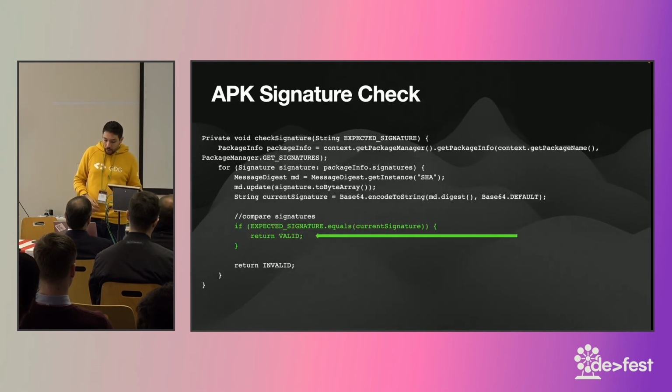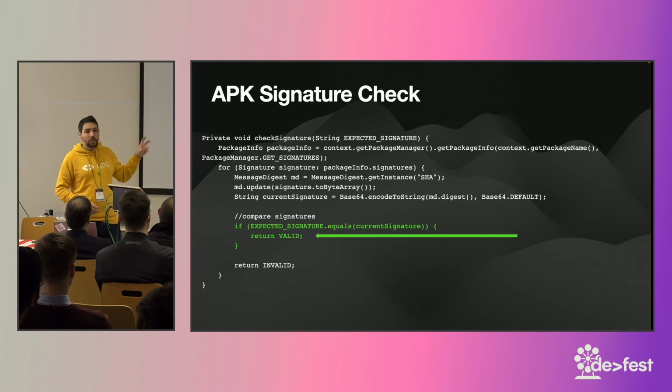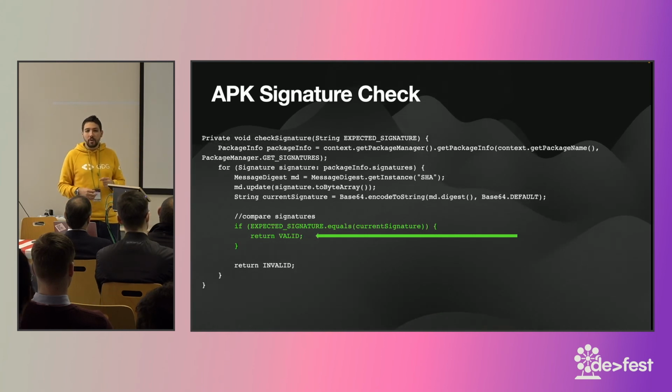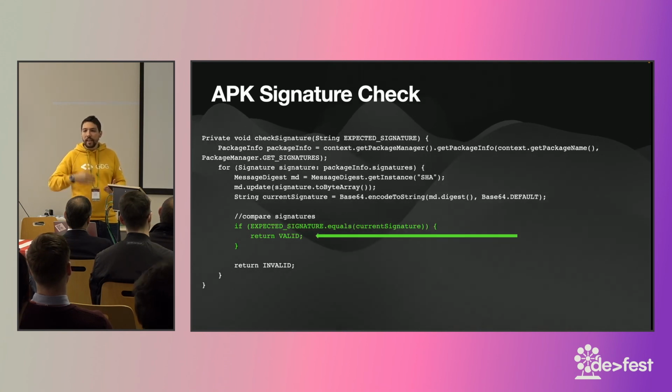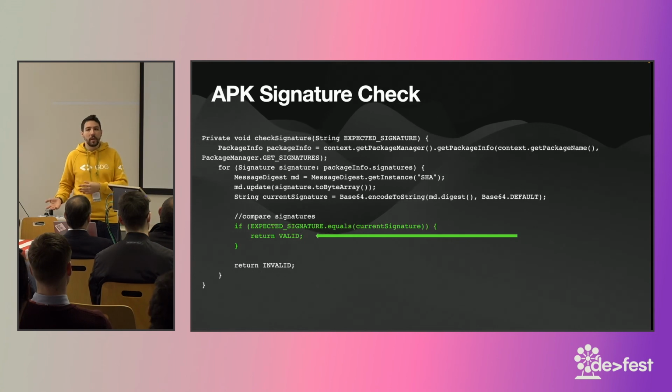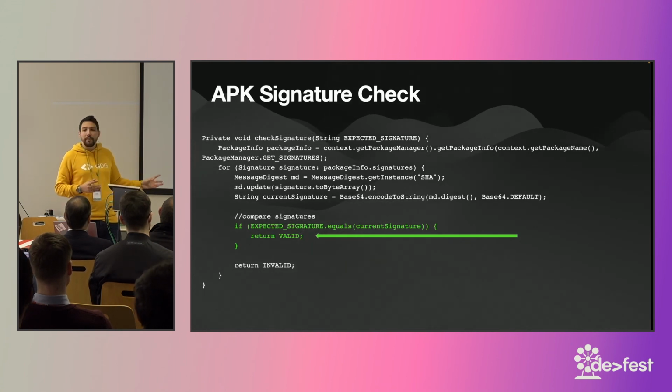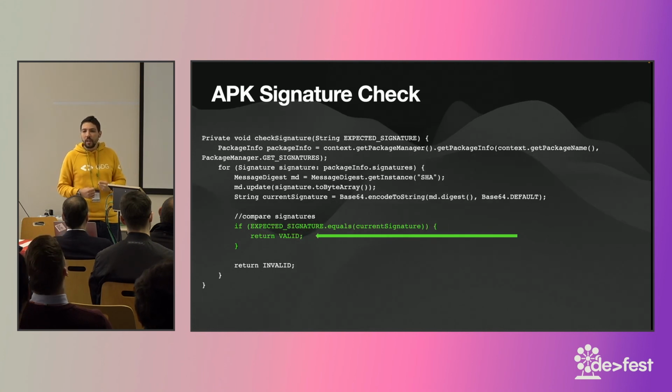So what we can do is use some runtime comparing in order to check the key that was used to sign the app that's running right now, and check if it matches the expected one. Of course, this is an oversimplified version of the whole thing. You can just retrieve the hash of the key that was used to sign your application.